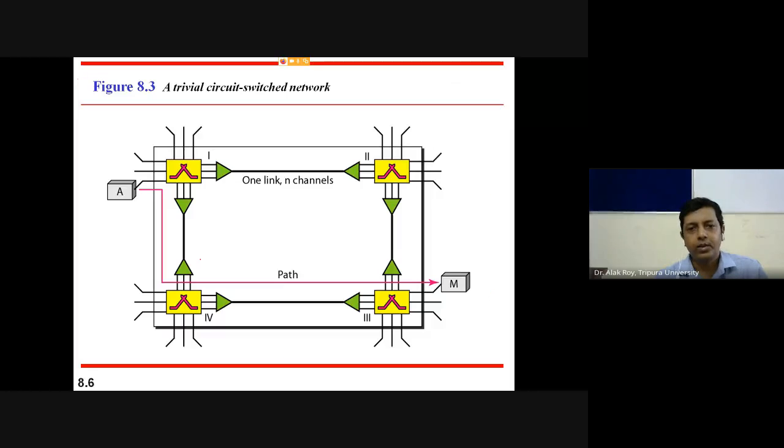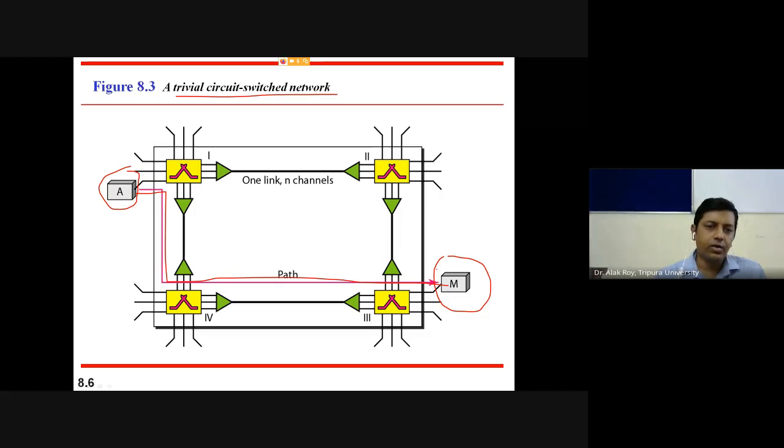So this is an example of circuit switch network where if you have to transfer data from A to M, it has to travel from switch 1 to switch 4 to switch 3.